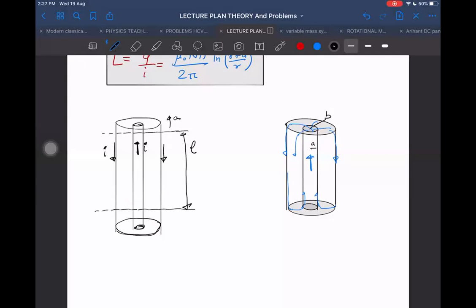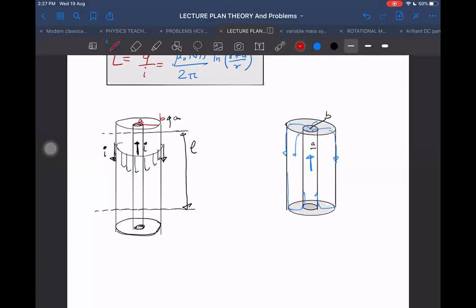This I is not just current on one side, it is throughout the circumference. It is everywhere. Now, the radius of the inner one is a and the outer one is b. Find out the self-inductance for this.